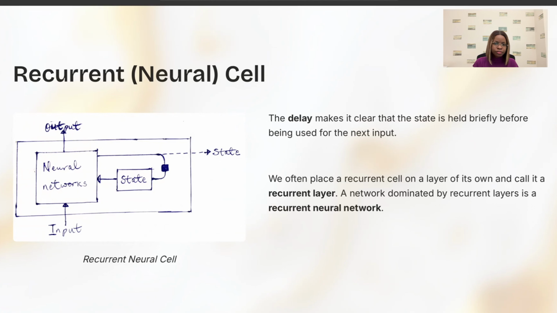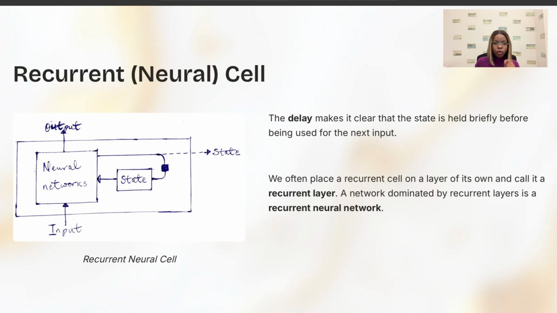From the diagram to your left, which I hand drew, this is a typical recurrent neural cell. Let me explain. If we're using the example of text generation, word by word or letter by letter, let's use word by word. The cell receives an input of a word. It generates its prediction of what should be the next word after it.